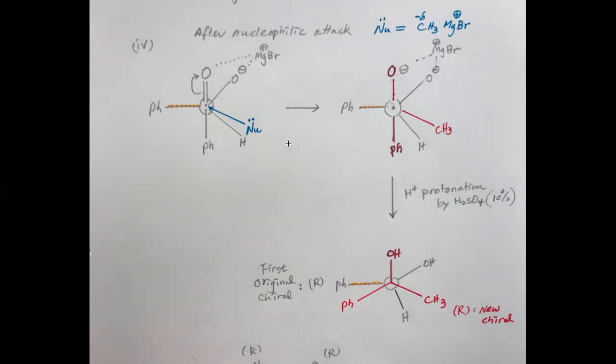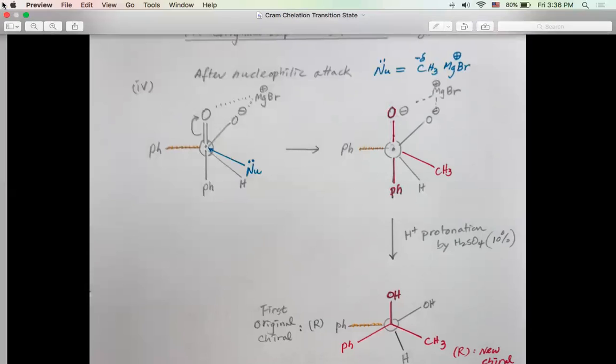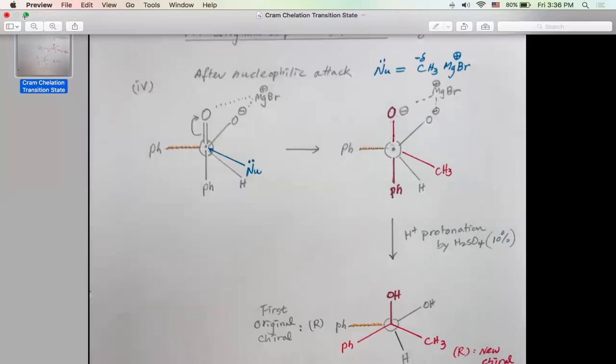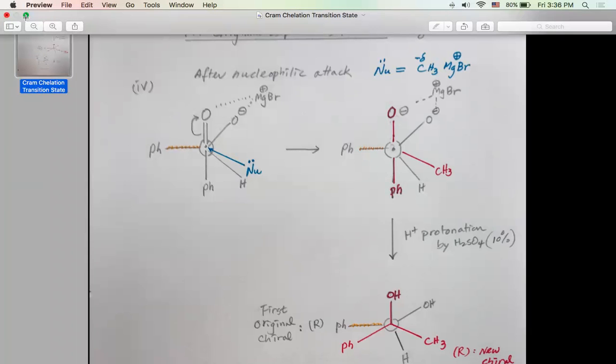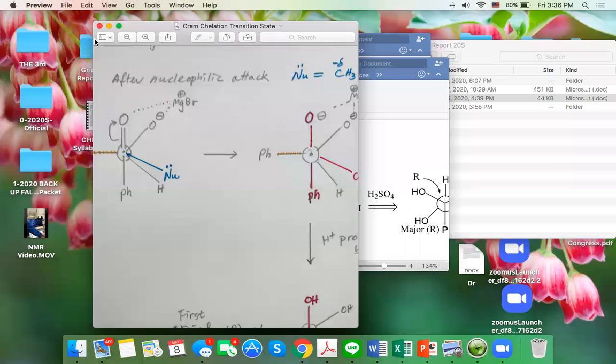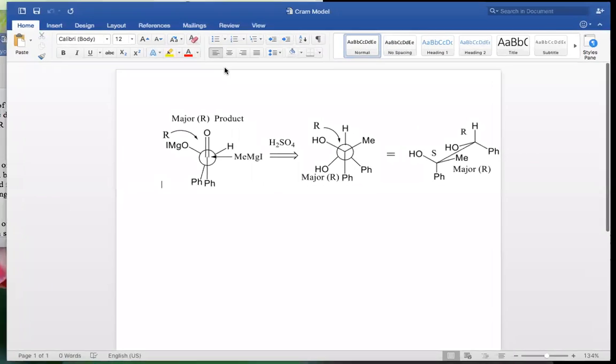However, you still have to know that the three models lead to the same answer. So I hope you get it now. The common mistake is actually on the Felkin-Anh, not on this one. People all know about this. I think the Felkin-Anh model is the one that people cannot really see, having this phenyl group at 90 degrees.